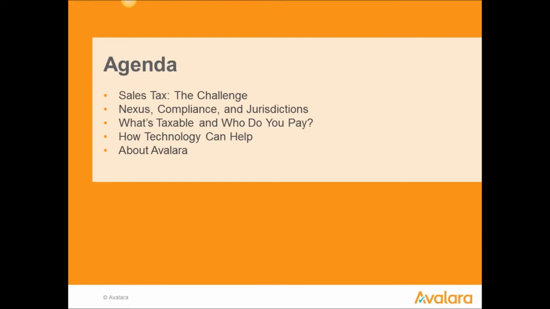So what do we plan to talk about? Just the overall challenge. Anytime you talk about tax, it's good to talk about the backdrop, right? The market, what do we see out there? Are there tea leaves that we should be aware of that could impact our business as legislation changes in the future? What are the core components of compliance when it comes to sales tax, right? What are the key areas that could open us up to exposure?